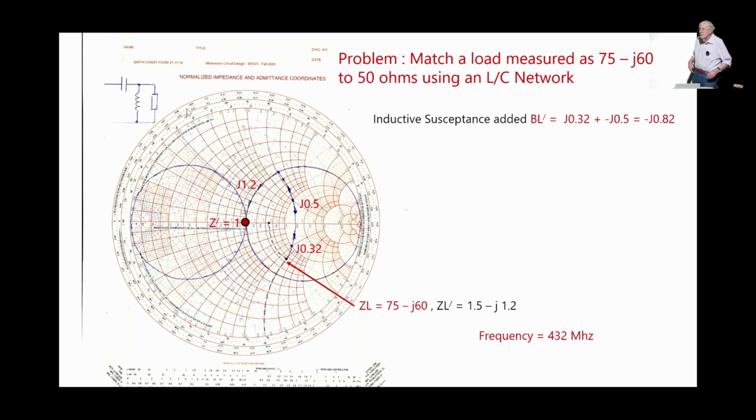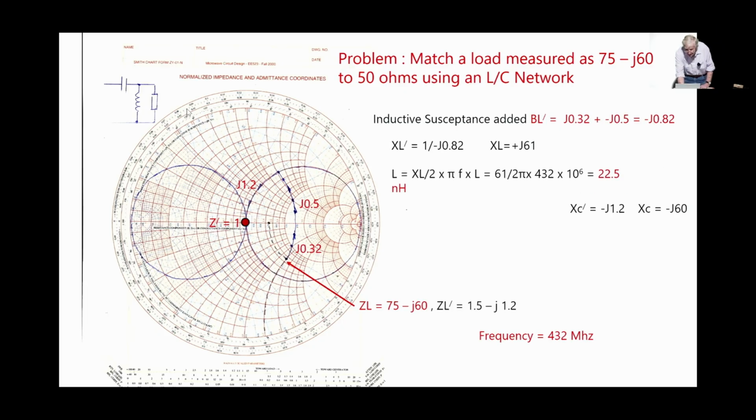And again, if you started at a point and you plotted it up, and you did your circles around and you didn't end up at the middle, well, you got the wrong network. But this one did. So there we are, there's the calculations. And we end up with 22.5 nanohenries as the required one there.